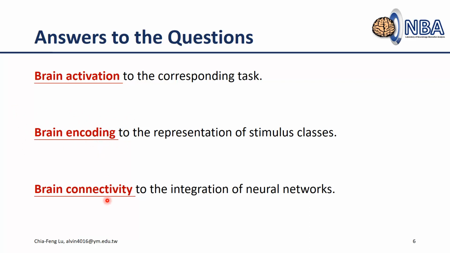And the final one. From the early 20th century to the late 20th century, people tended to believe that our brain is not working as individual parts, but also working as a network. That means our brain regions may collaborate with each other.